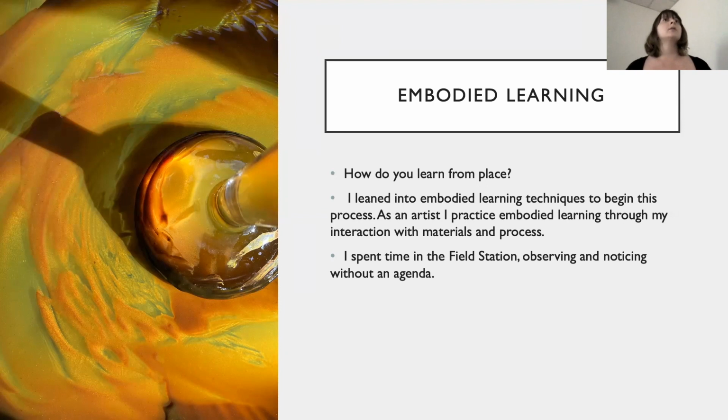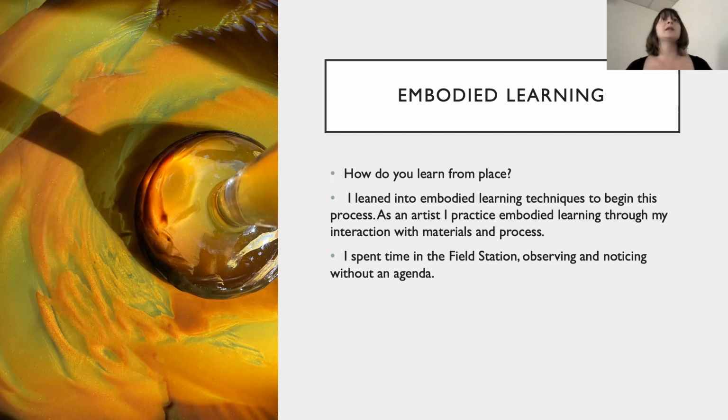And as an artist, as Sheena alluded to with her introduction, it really is the way that artists naturally approach things, where because you're interacting with materials and having to pay attention to materials and process, you have to use your senses to figure out what you need to do or how to fix things that go wrong. And this was a little bit different because I found that I really had to go to the field station without an agenda.